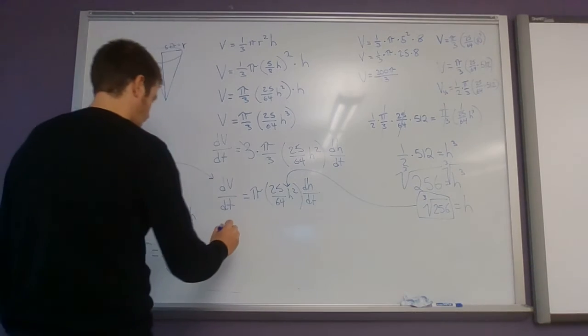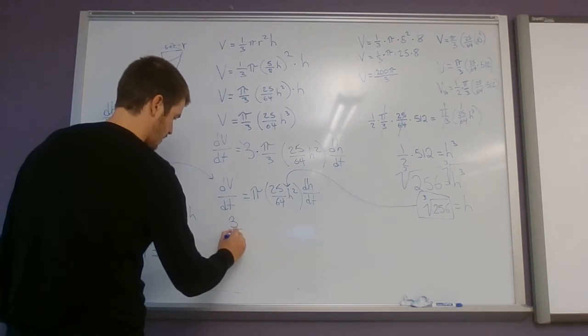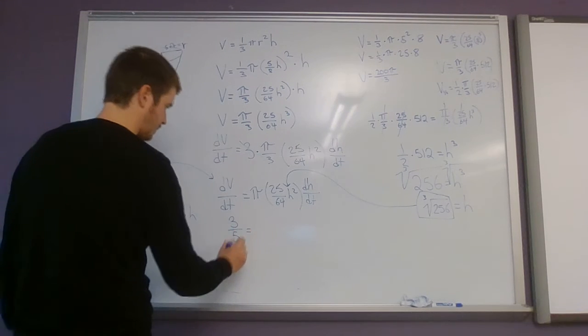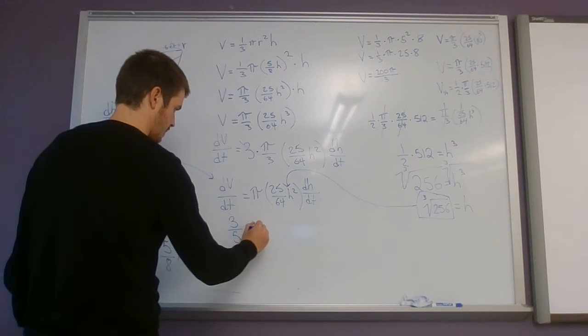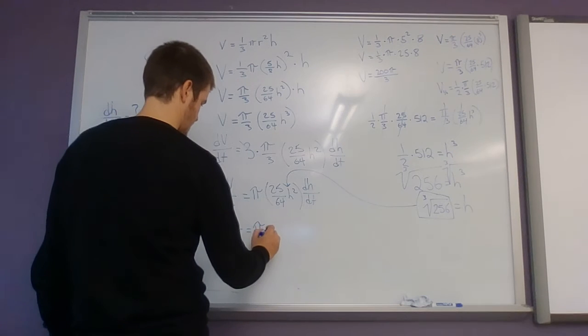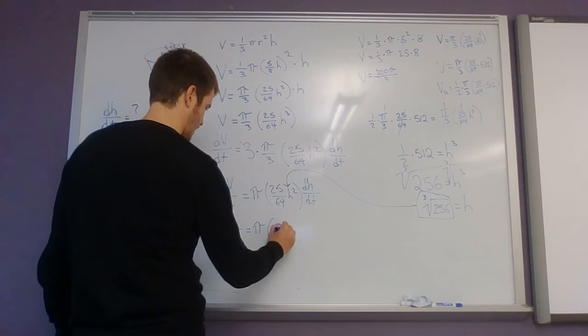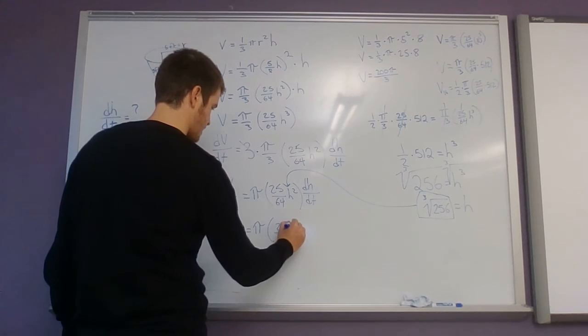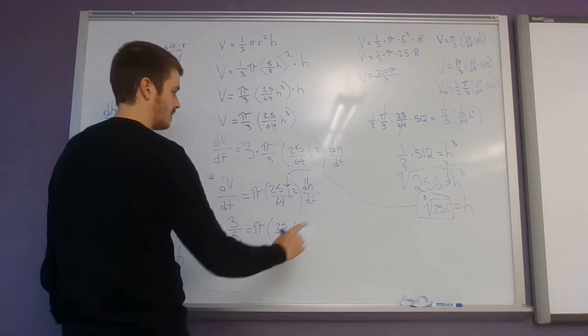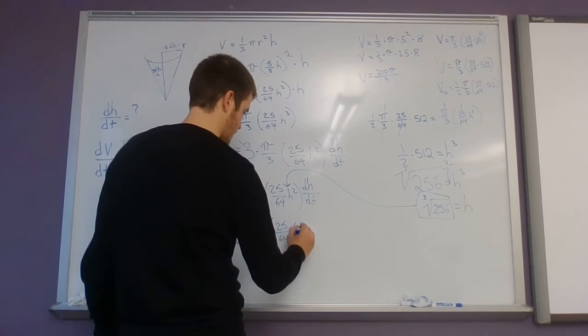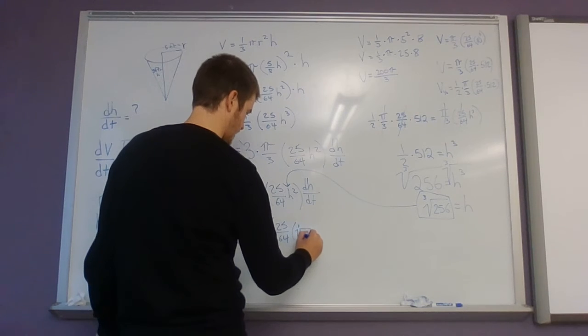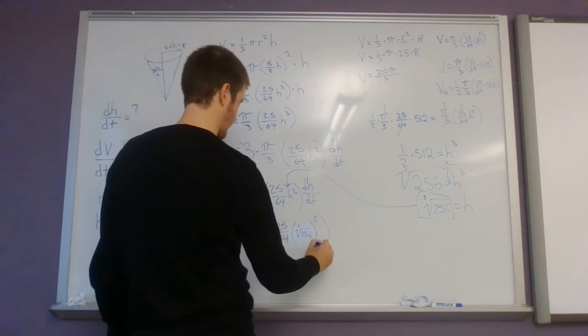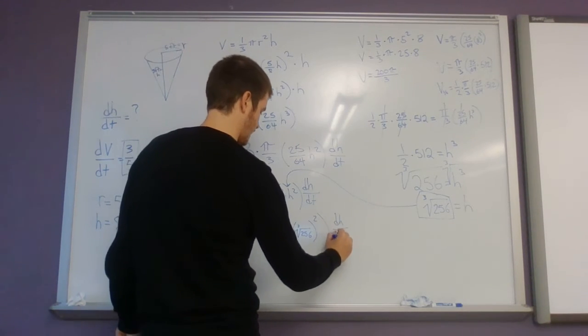So 3/5 equals pi times 25 over 64 times the cube root of 256 squared times dh dt.